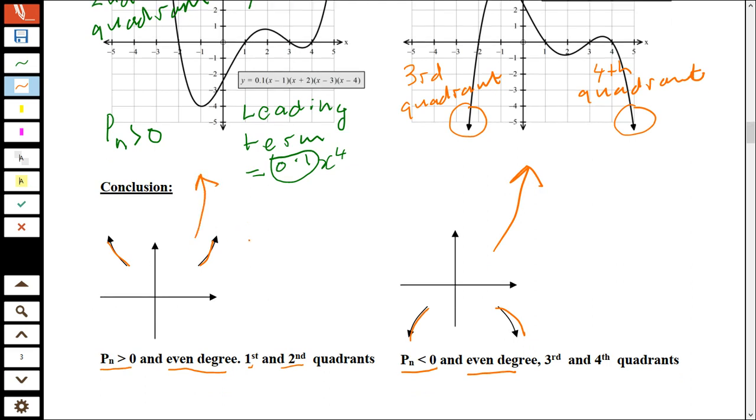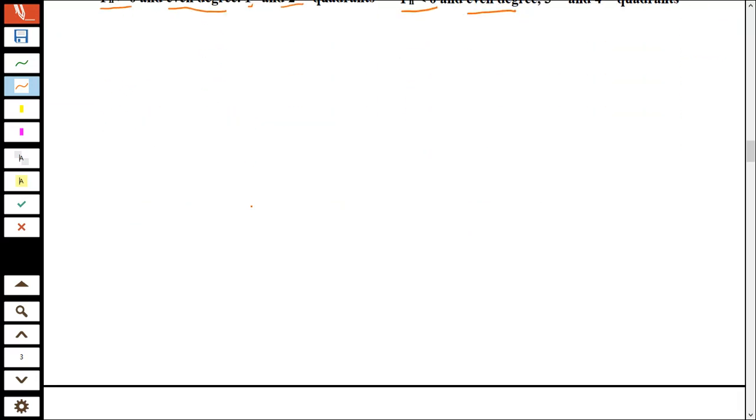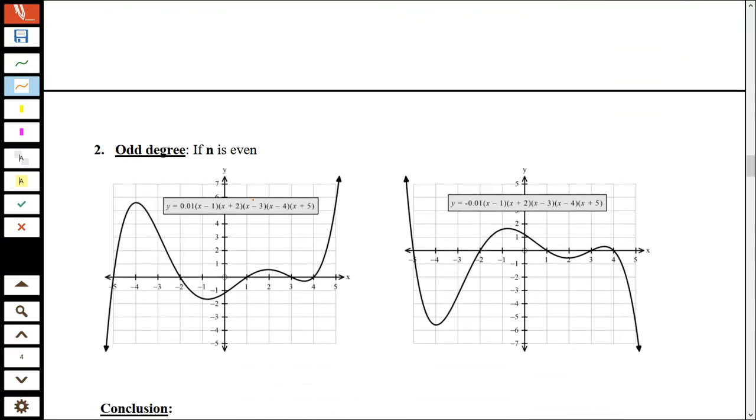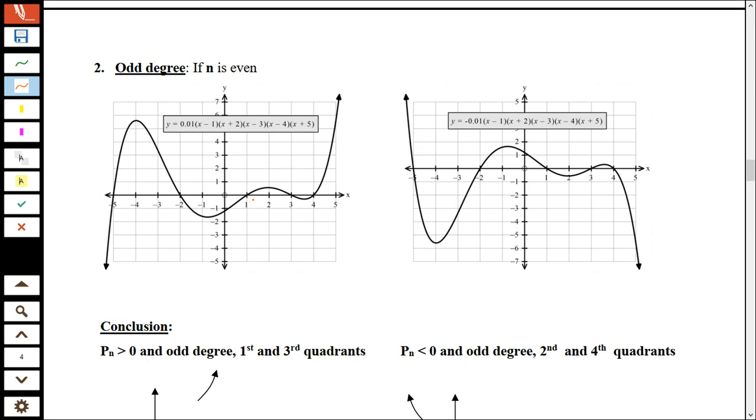Okay, let's have a look at an odd degree. So here we go. Here's two odd degree polynomials. And notice where they begin and end.